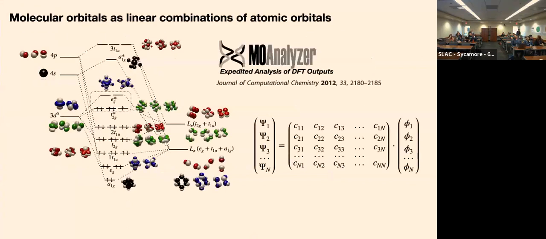One of the things that is most convenient about the MOAnalyzer is how you can obtain the contributions of particular fragments and atomic orbitals to your molecular orbitals.